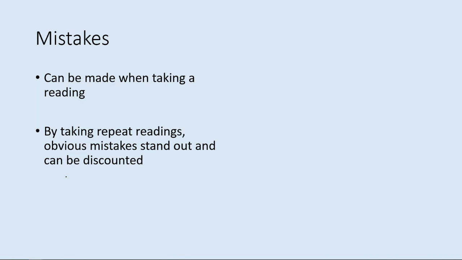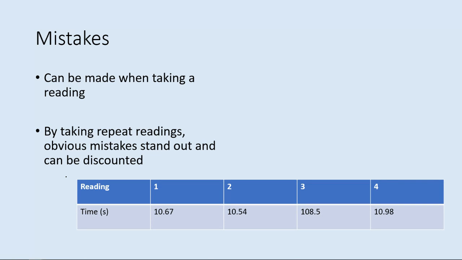So mistakes could be made when you're taking a reading. For example, if you were recording a time for someone running, say, 100 meters, and you came up with this set of results, there's one that's standing out: number 3 here is 108.5 seconds.